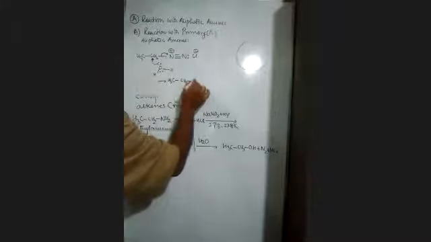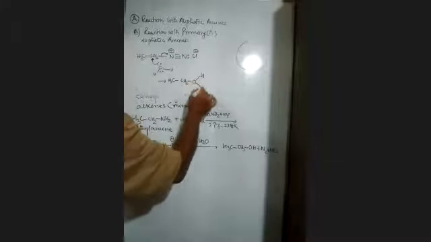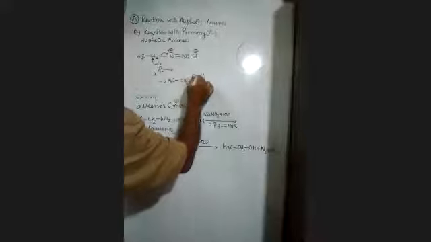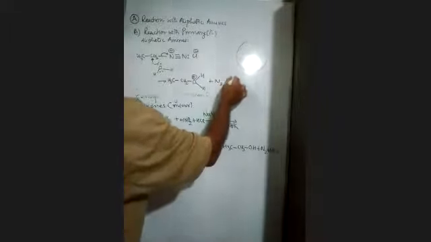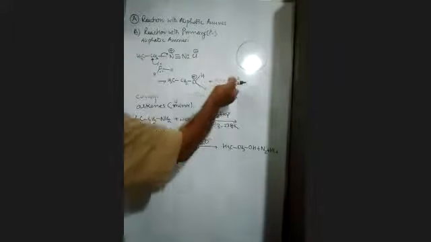So here you had fluoride. So what did you get here? Don't write the mechanism, it is not required for you. See, you get this, and you get this Cl minus. In this case, what happens to the chloride?